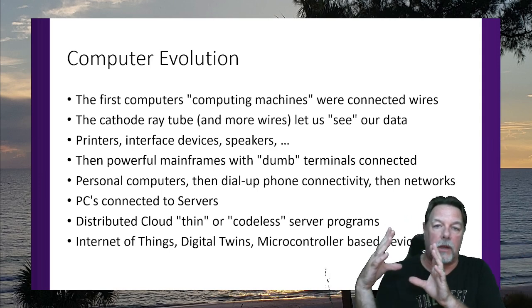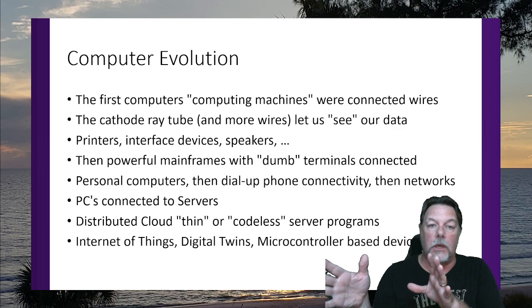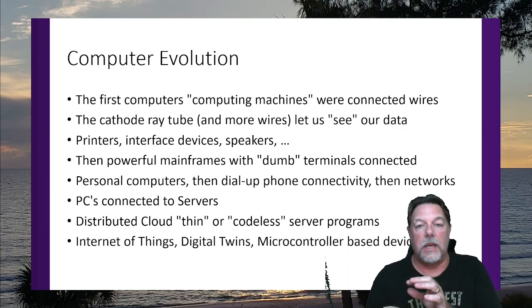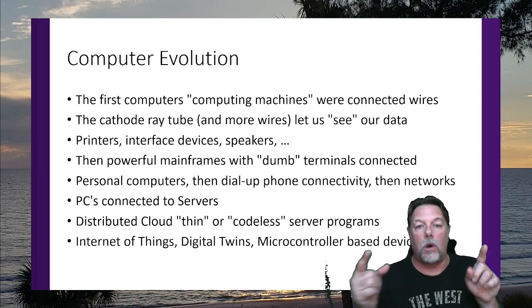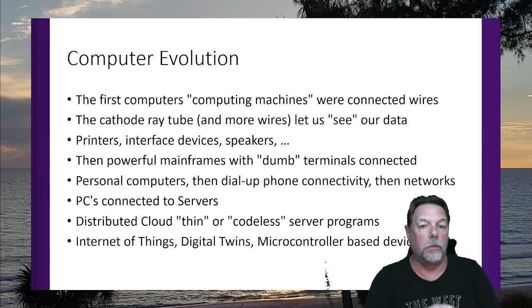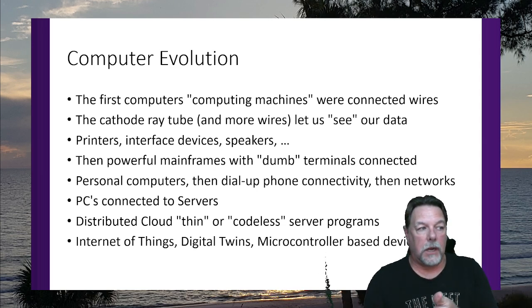You might just have a cathode ray tube screen and a keyboard, no mouse, and the individual users would have these stations set up where each user had a monitor and a keyboard, but they were all connected and shared time on the one big computer that was stored remotely in a different part of the building. So that's what we call a mainframe with dumb terminals set up.